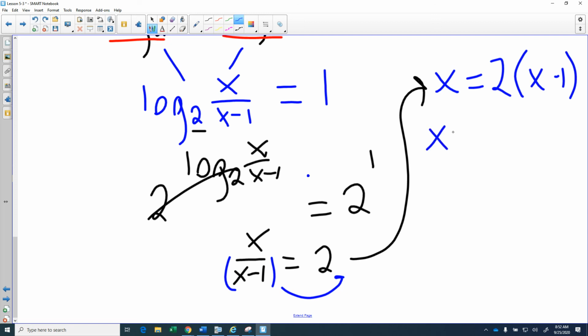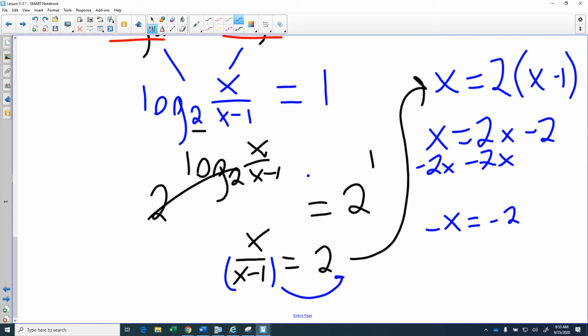Distribute the 2 through to get x equals 2x minus 2. Subtract the 2x to the other side to get the x's by themselves. This would give me negative x equals negative 2. And then last but not least, divide out by negative 1 to get x equals 2. And just like that, I've gotten to my final answer.